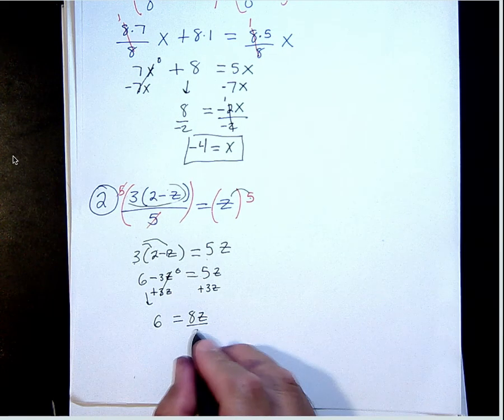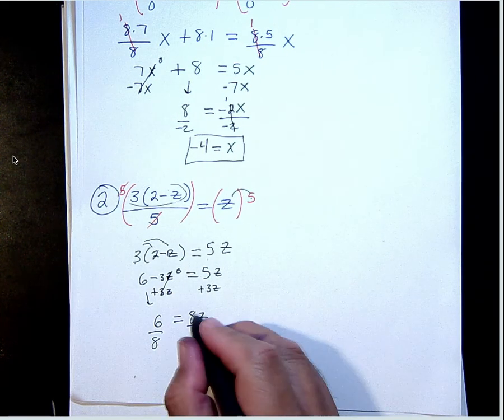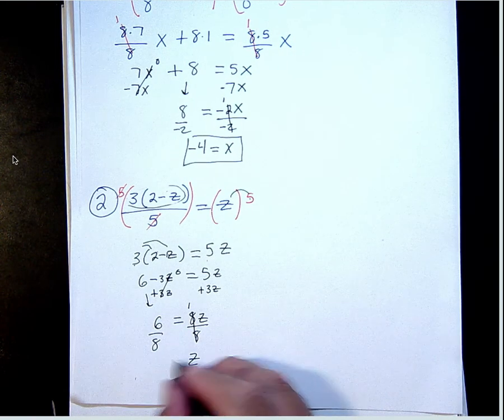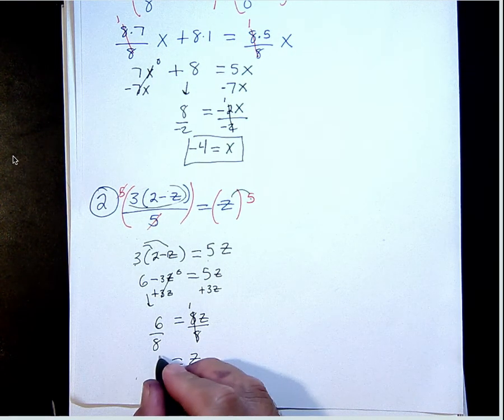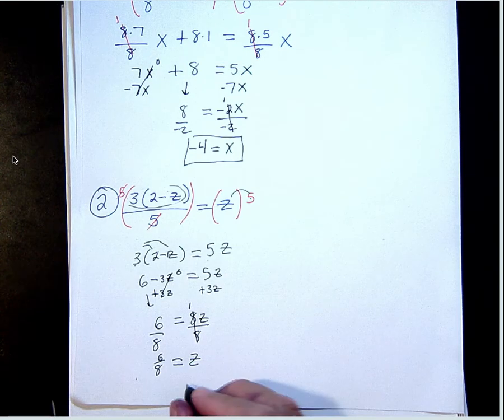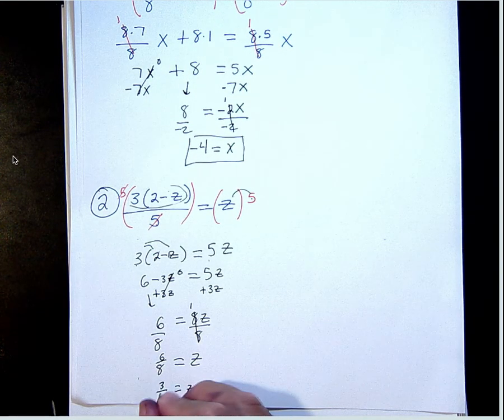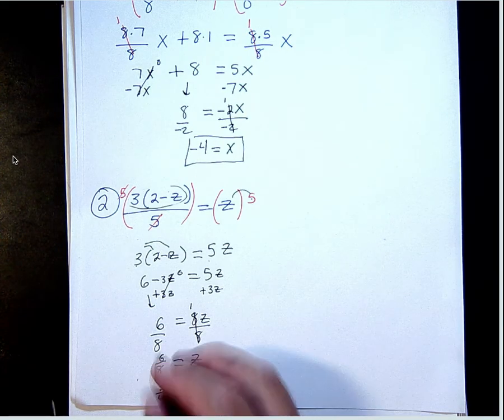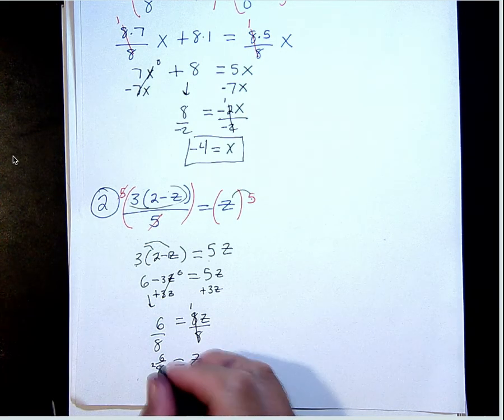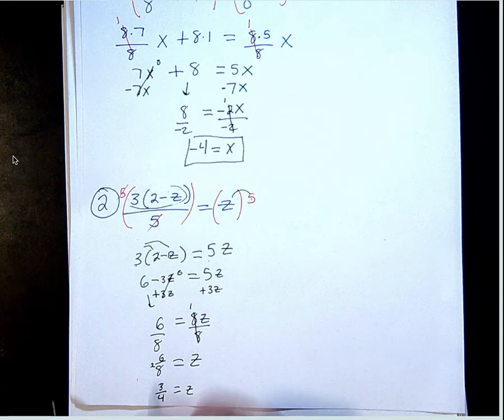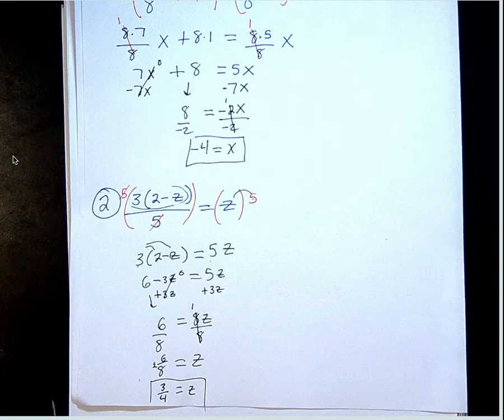Divide by 8. That becomes a 1, so z would be equal to 6 over 8, and that can be reduced to 3/4. So both of them can be divided by 2. 6 divided by 2 is 3. 8 divided by 2 is 4. That's the answer.